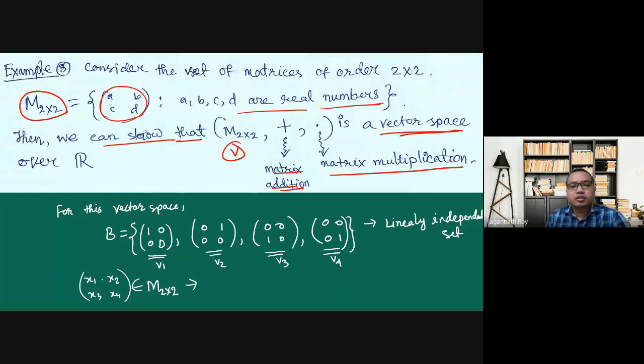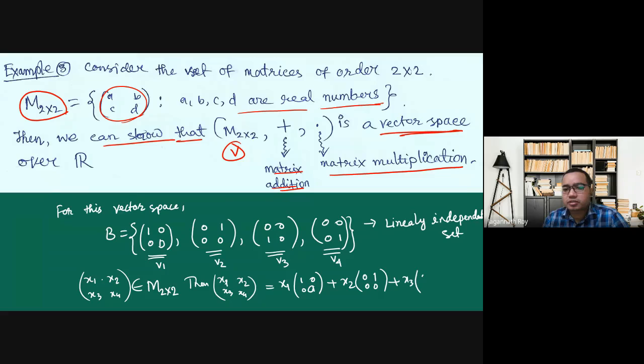Then we can write the matrix as x1 times (1, 0; 0, 0), plus x2 times (0, 1; 0, 0), plus x3 times (0, 0; 1, 0), plus x4 times (0, 0; 0, 1).